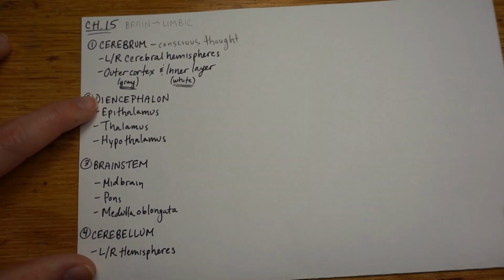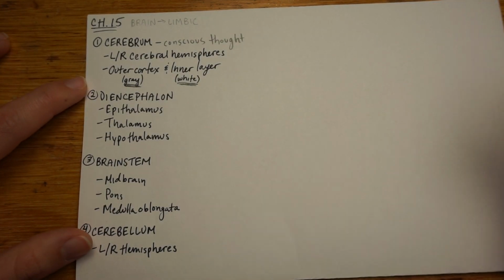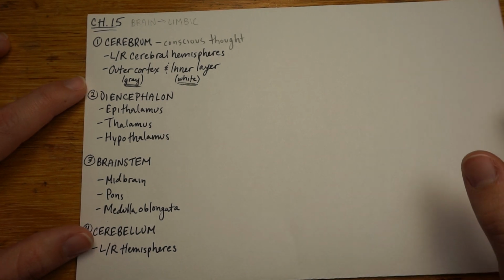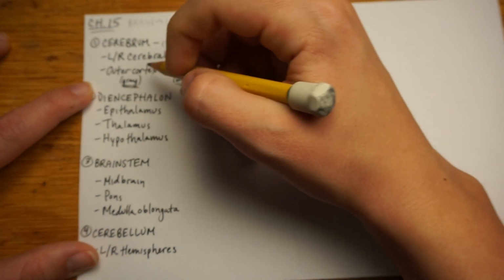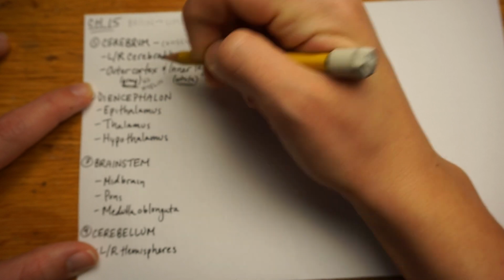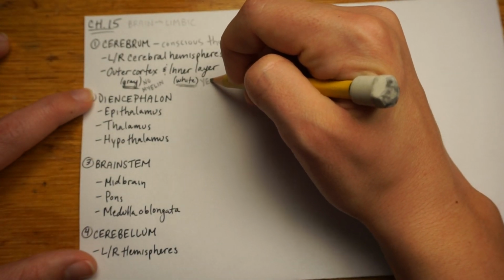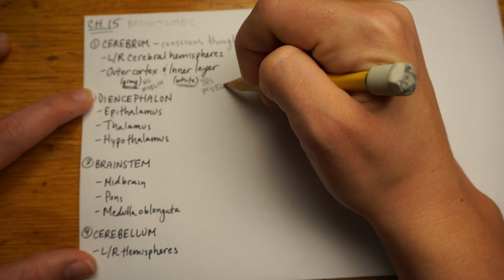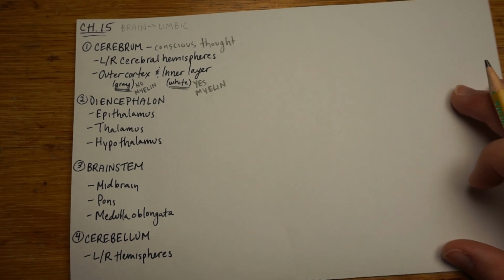What that means is when something is myelinated, it gets this whitish appearance, because myelin is a very fatty phospholipid material, and so it gets this white, fatty look. So gray, what does gray mean? It means no myelin. Versus the inner layer, which is white, yes, it has myelin. That's important because remember that myelination is directly correlated to the speed at which signals are transmitted.